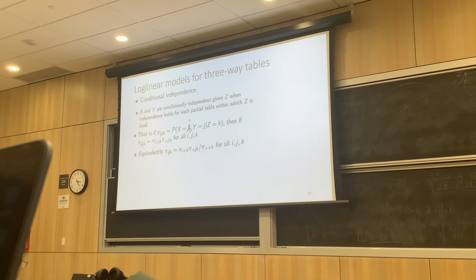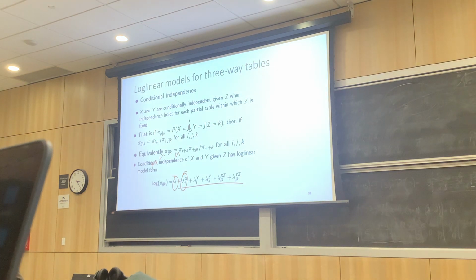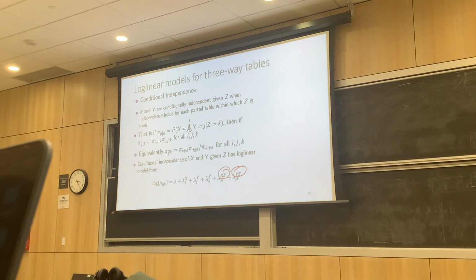And now if you multiply by n and take log, when you multiply by n, you get mu, and then if you take log, you get this, where this one is the log of n, and you can identify them as the log of some phi. And so that is the conditional independence. So I look at this carefully, and when you have these two, that is the conditional independence model, right?